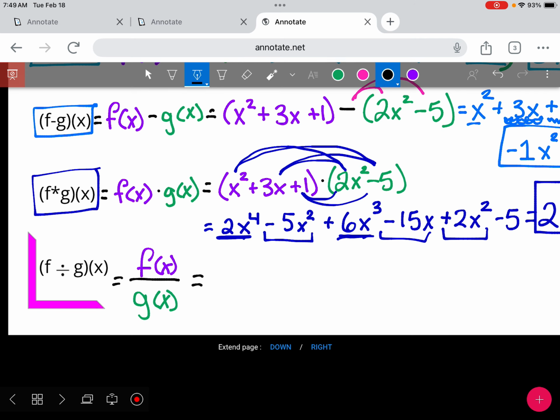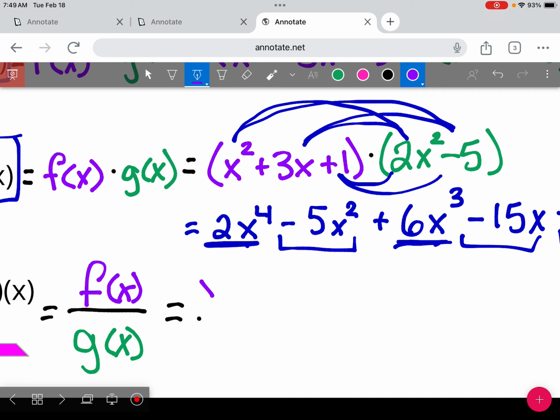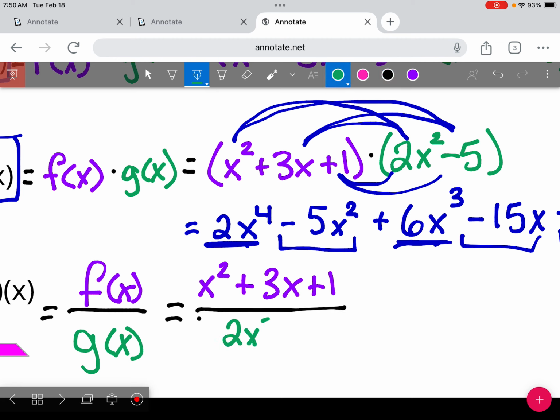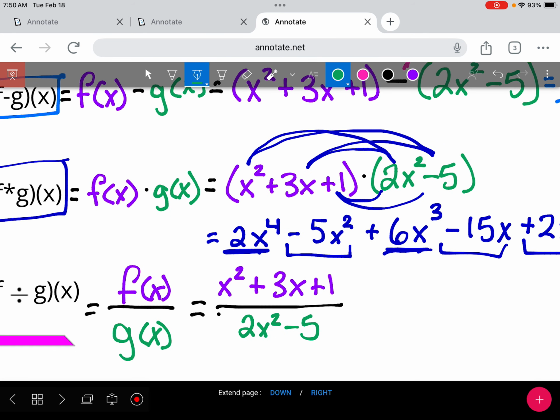So when we write these in the fraction, we're going to have our x squared plus 3x plus 1, and we're going to put that over the 2x squared minus 5. And the only other thing we're going to do is write where we're going to have a problem here: my 2x squared minus 5 cannot be equal to 0.